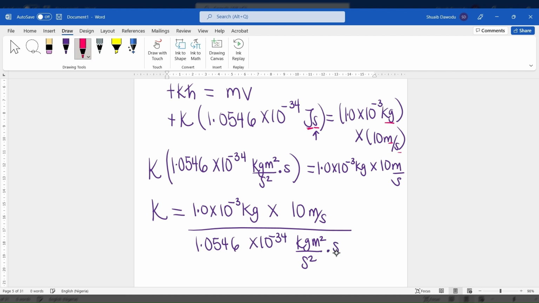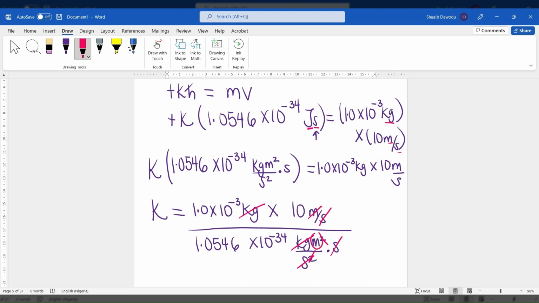Of course, we can cancel out the meters here, the kilograms as well. And we also have one more seconds here, so we cancel that out and we cancel out this second.